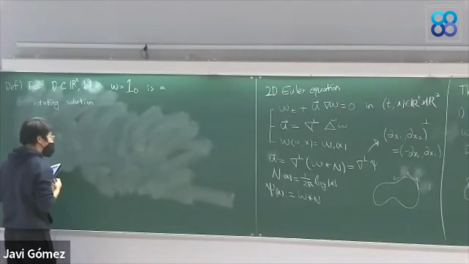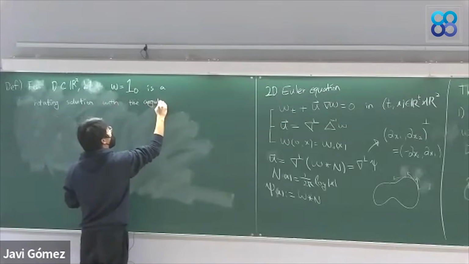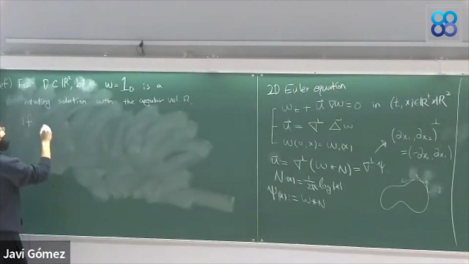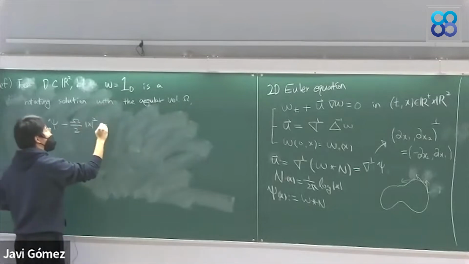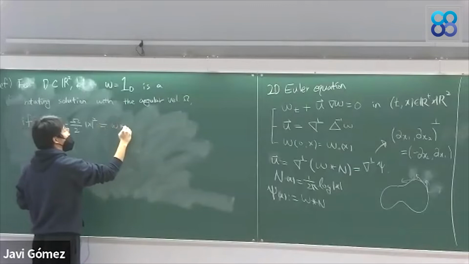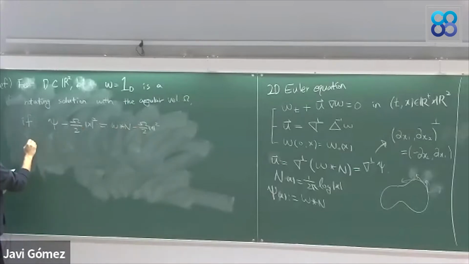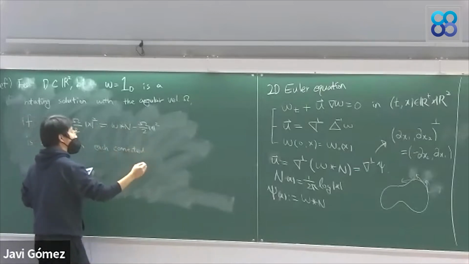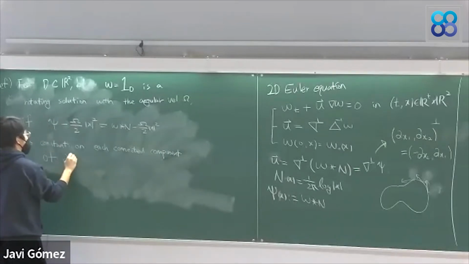We say that a patch solution is a rotating solution with the angular velocity omega if the stream function minus this quantity, where the stream function is defined as the convolution with the Newtonian potential, is constant on each connected component of the boundary of D. Okay.